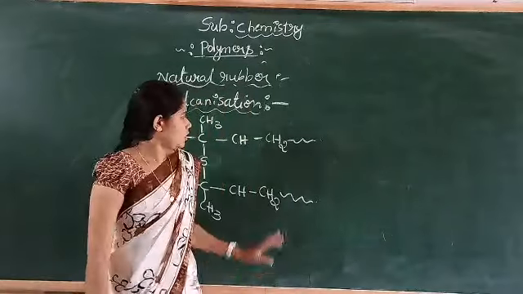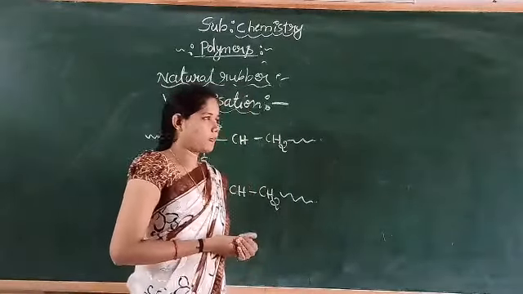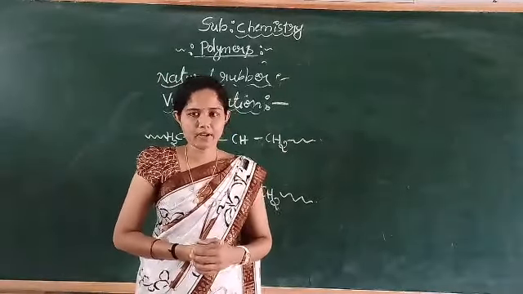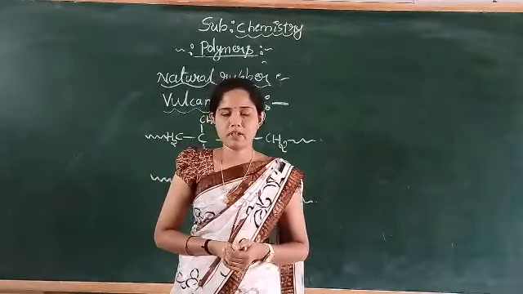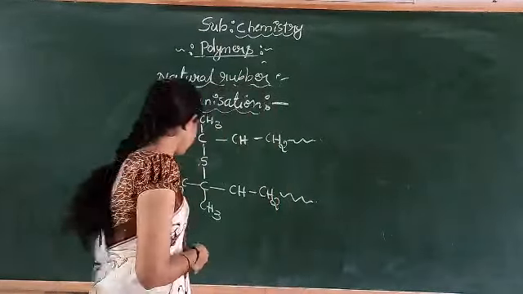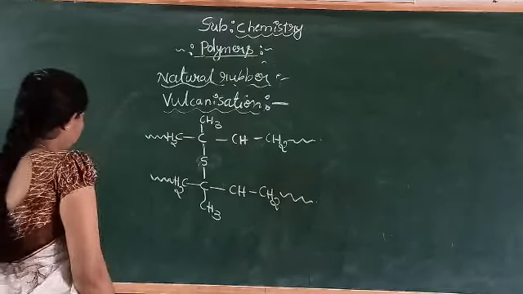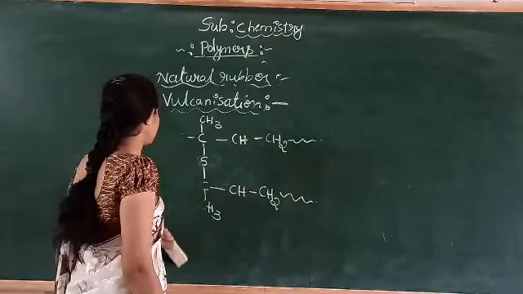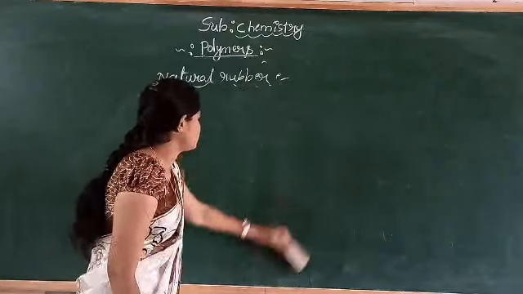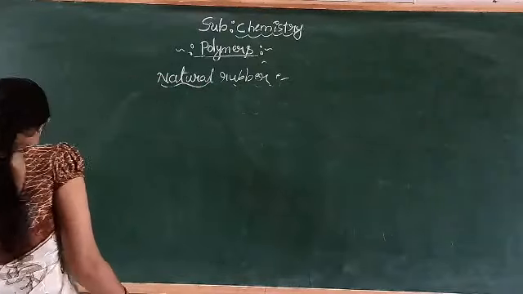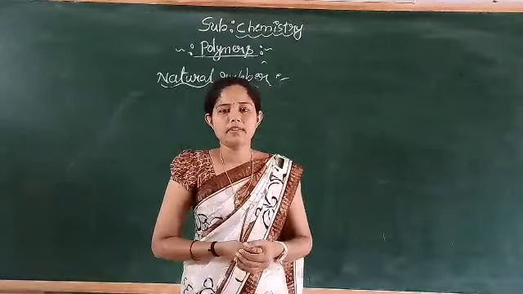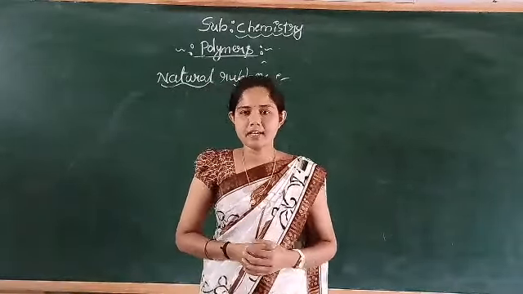Next, this vulcanized rubber is used for the manufacturing of tires. If we increase the percentage of sulfur, then the natural rubber loses its property.